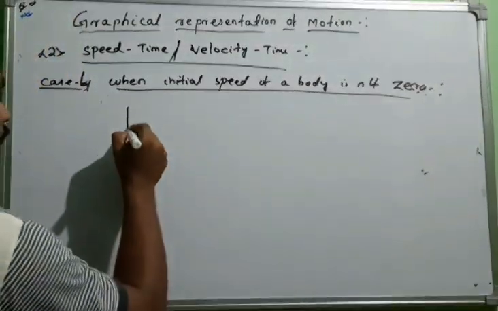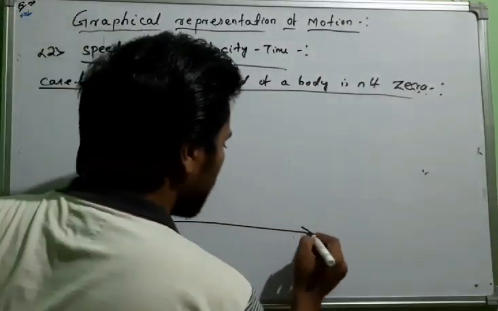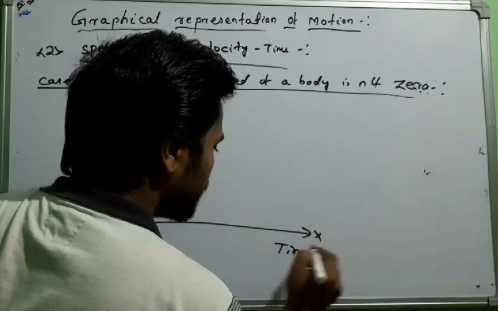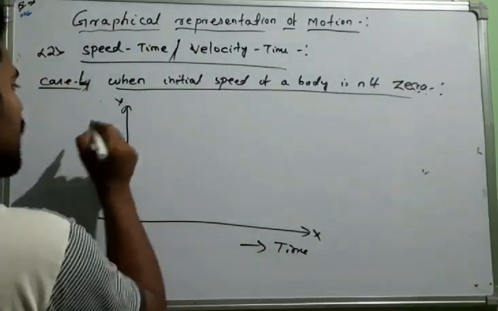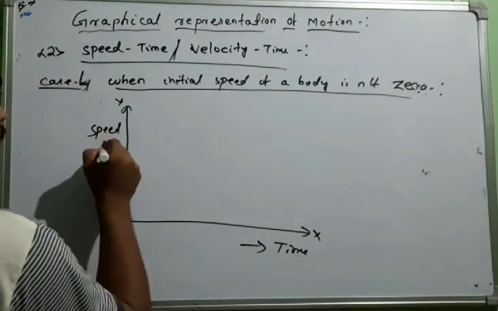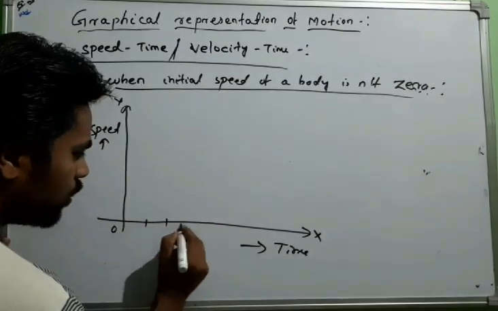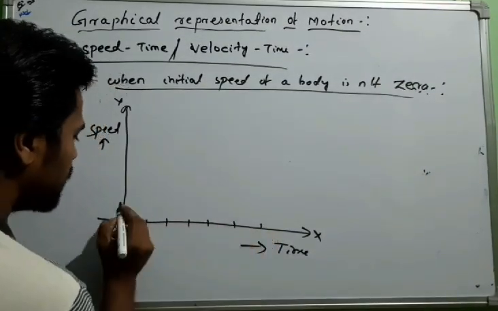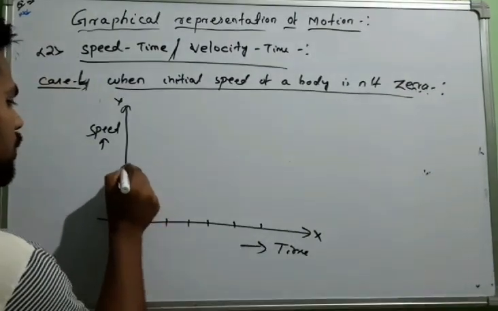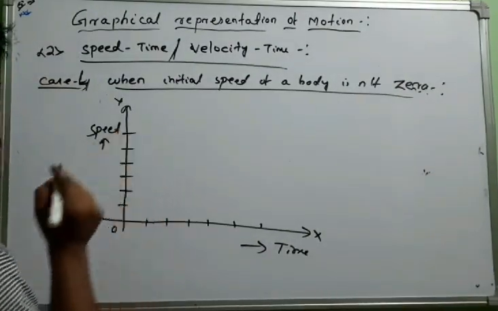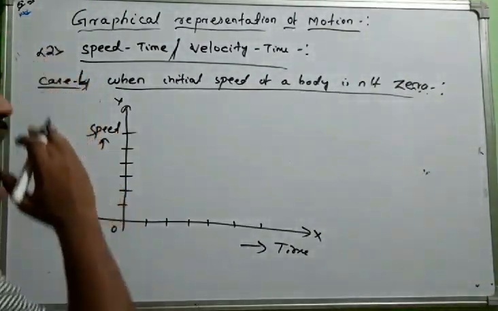I'll make the speed versus time graph here. I'll take the x-axis as time, the y-axis as speed. This is the origin. This is 1 second, 2 second, 3 second, 4 second, 5 second, 6 second, and 1 meter per second, 2, 3, 4, 5, 6 meter per second on the y-axis.